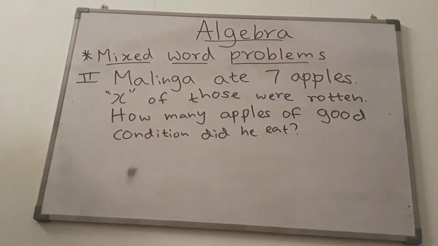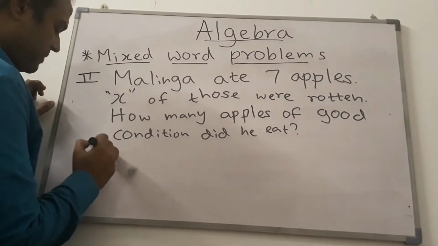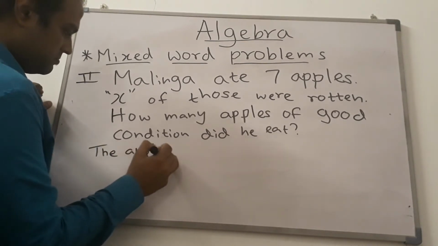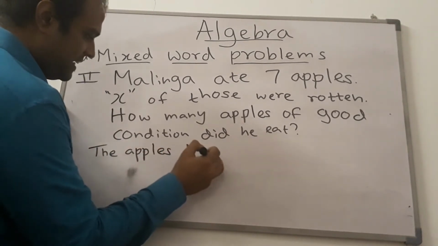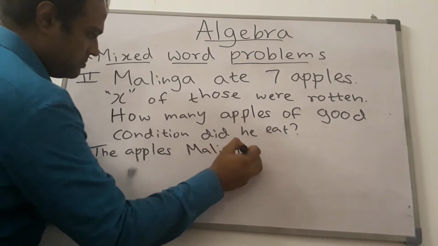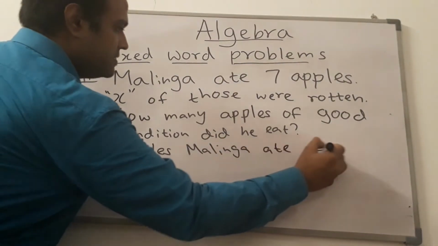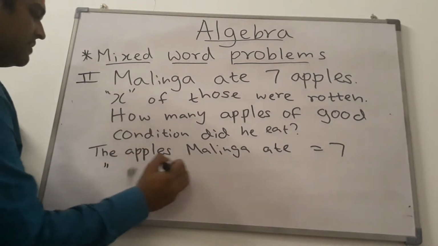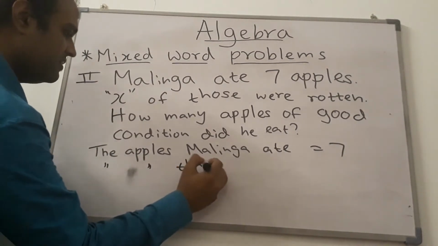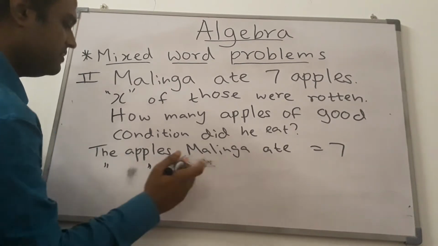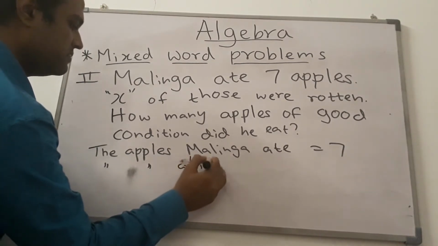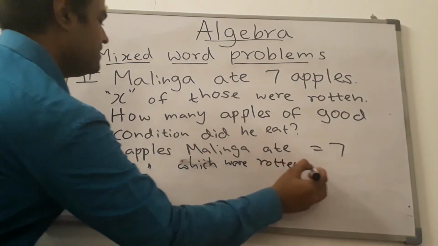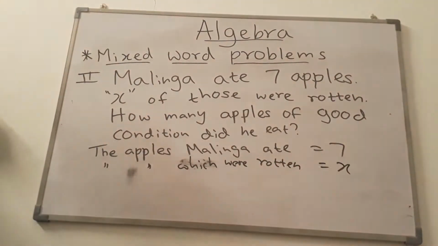Okay. The number of apples Malinga ate means 7. The apples which were rotten is equal to x.